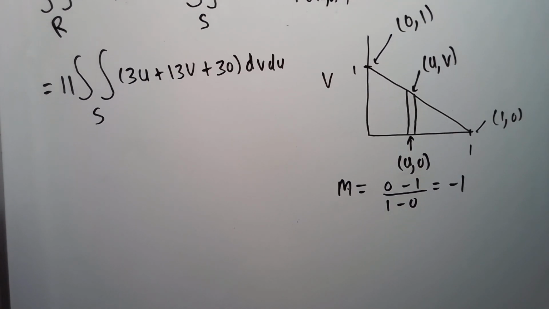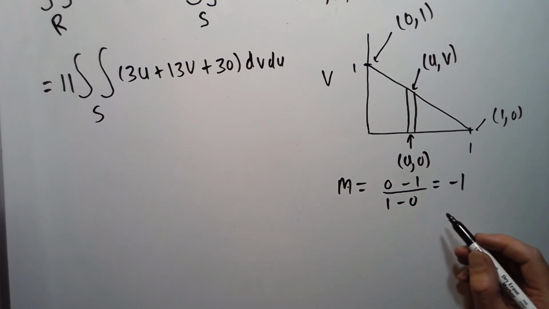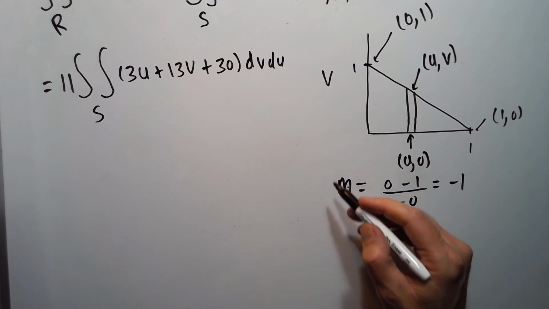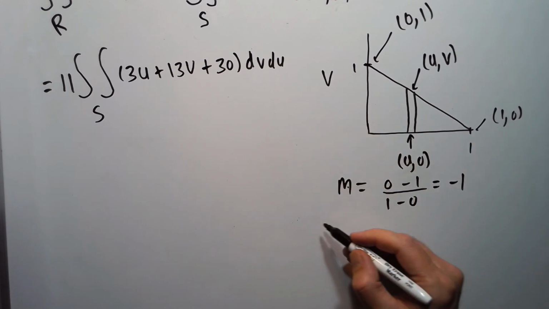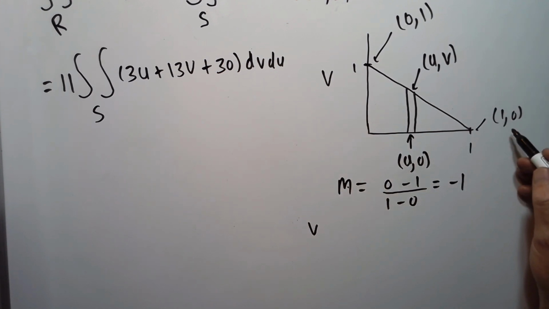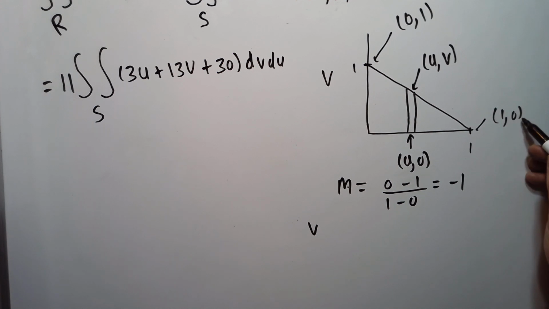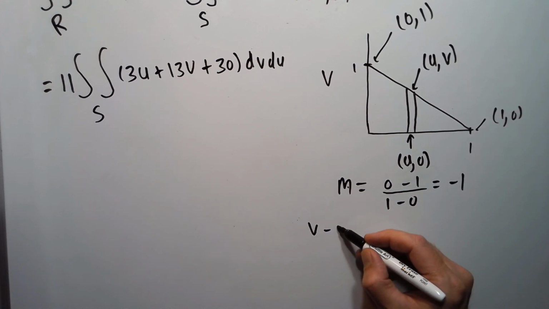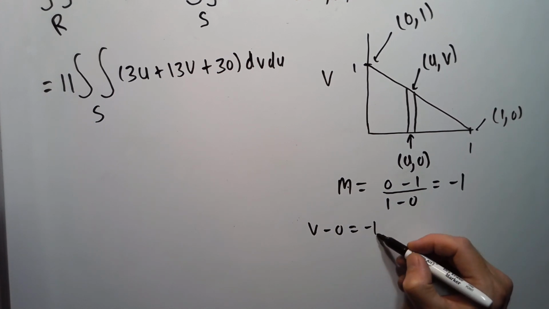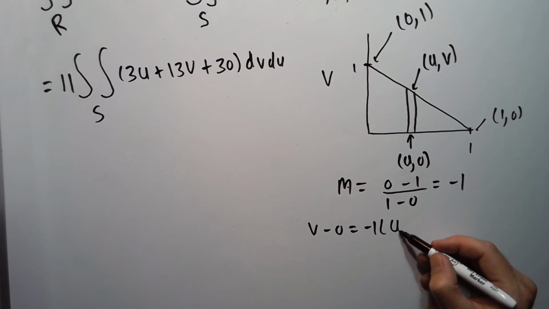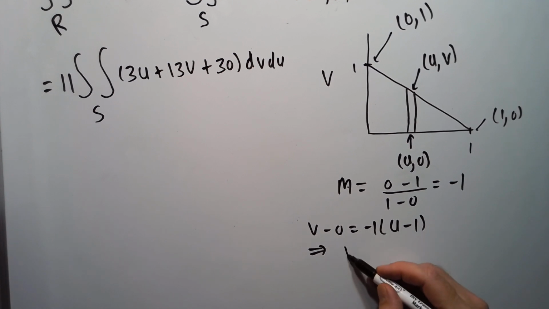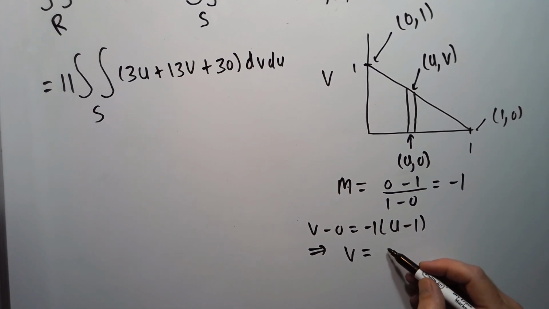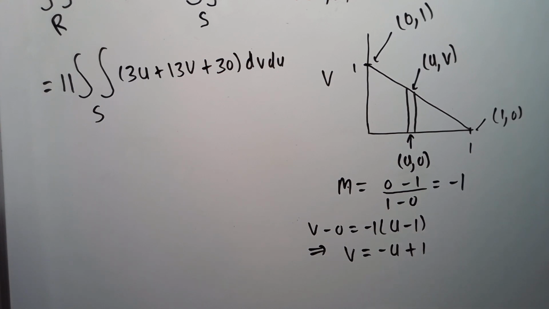Then using the equation of a line, in place of thinking of v like a y and u as an x, it's going to be v minus v1, so v minus 0 equals the slope, minus 1, times u minus 1. So then this equation, multiplying the minus 1 in, will be minus u plus 1.